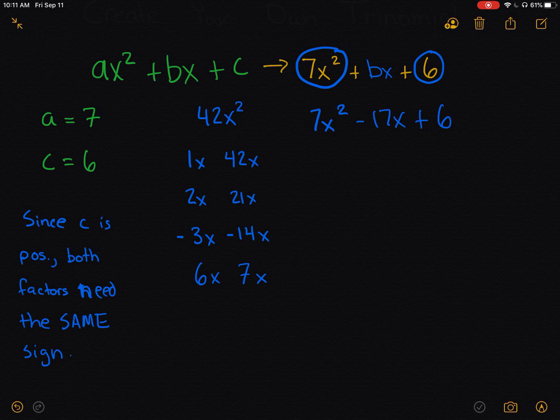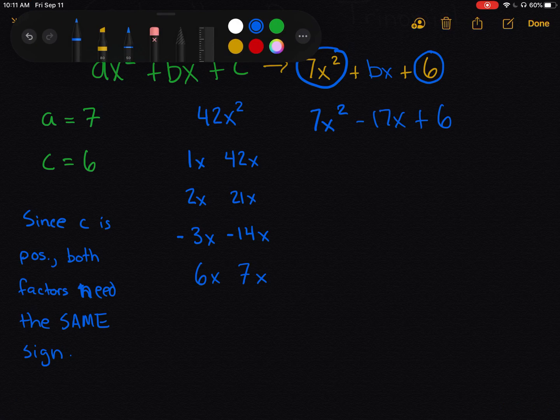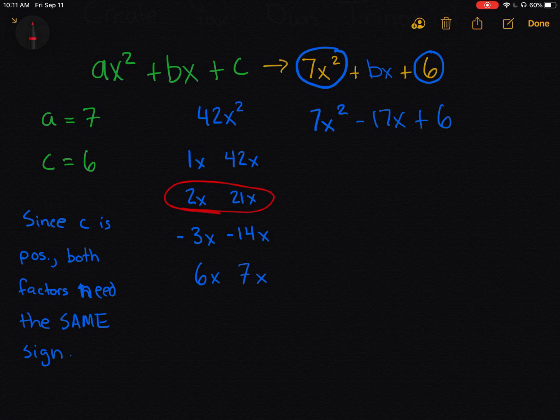But you could say, what if I wanted to use the 2 and the 21 instead? And I want them to be positive. So you could have another one that's 7x squared plus 23x plus 6. Remember, we already chose a to be 7 and c to equal 6.